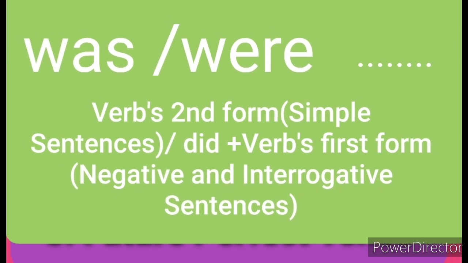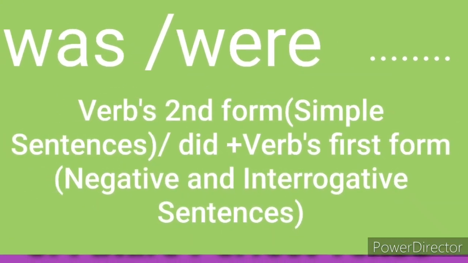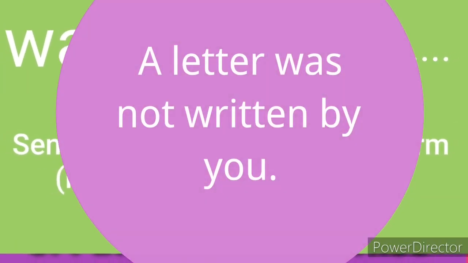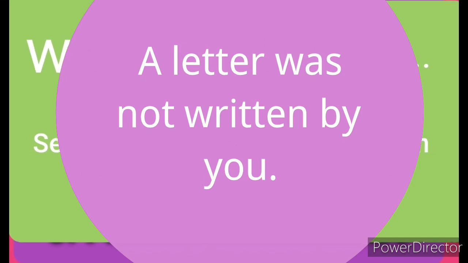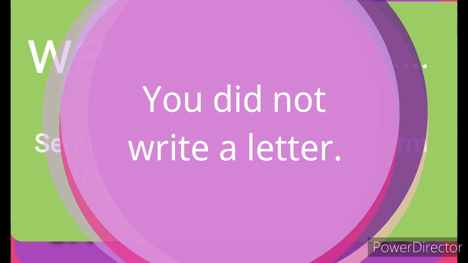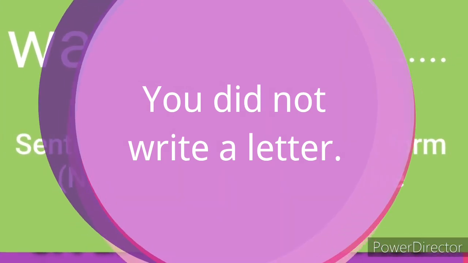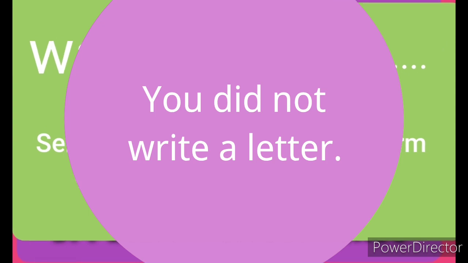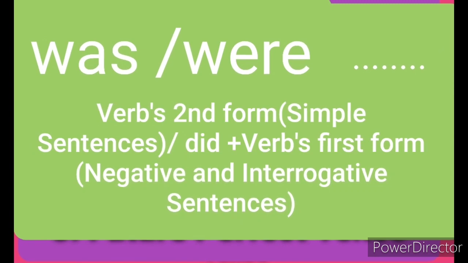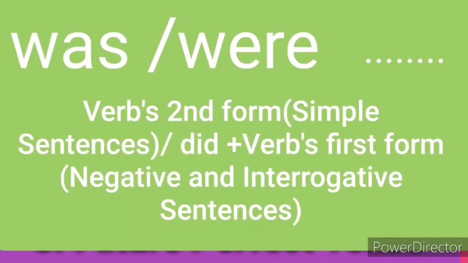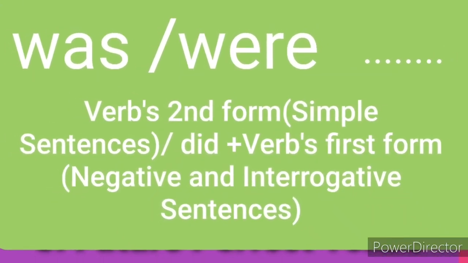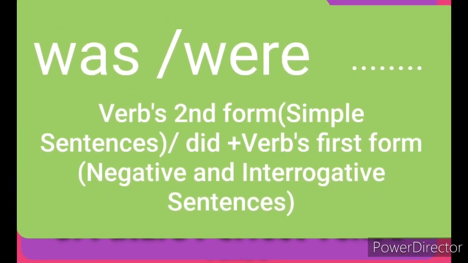Again I am giving the example: "a letter was not written by you," the answer will be "you did not write a letter." And if the sentence is positive, "a letter was written by you," the answer will be "you wrote a letter." And if the sentence is interrogative, "why was a letter written by you," the answer will be "why did you write a letter."